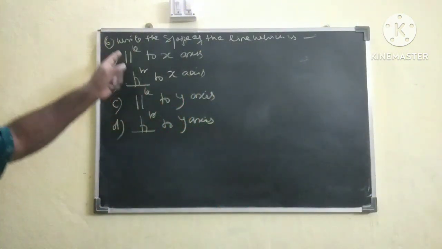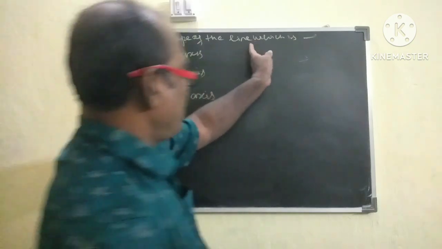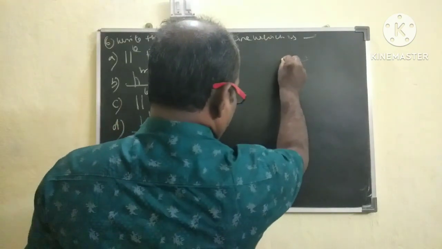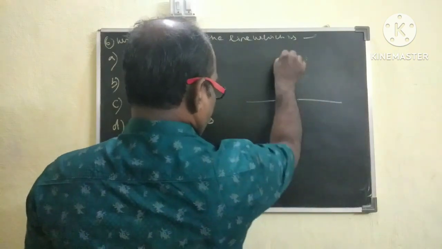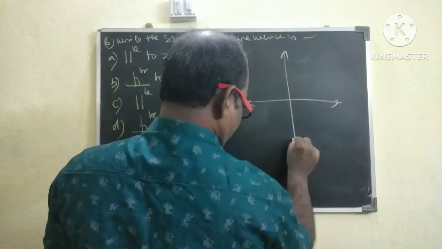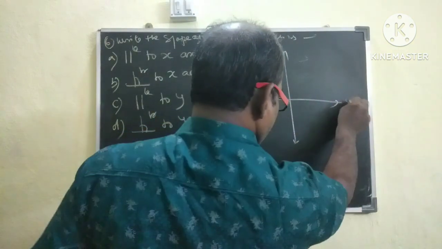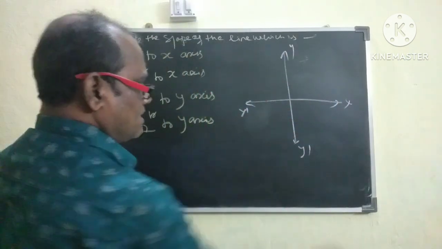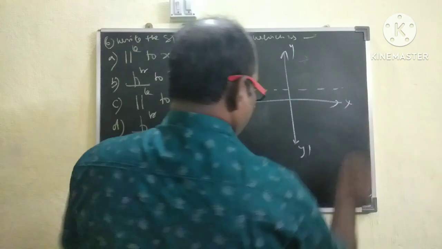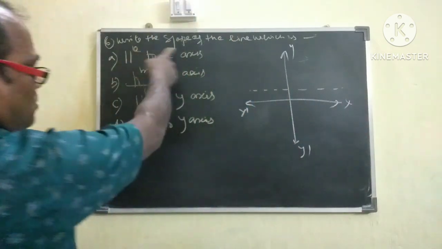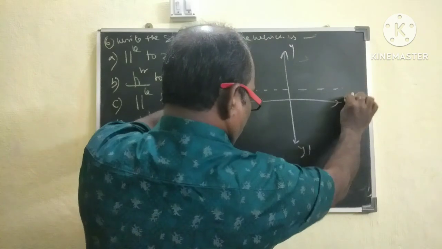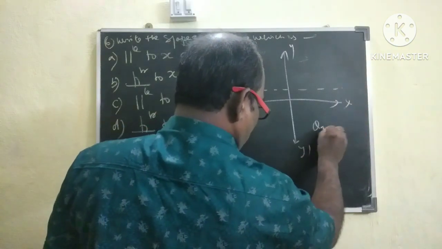One more question is given. Write the slope of the line which is number 1 parallel to x-axis. Let us draw here in this way. Now parallel to x-axis. This is x-axis. We know that one. So parallel to x-axis, if it is like this, what is the angle of this line? If you bring this line to this, the angle theta is equal to 0.